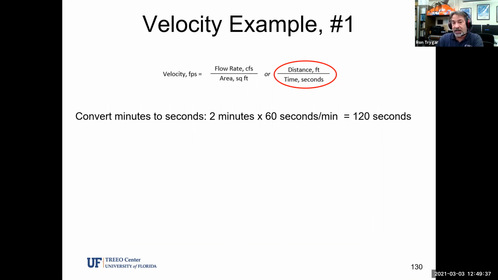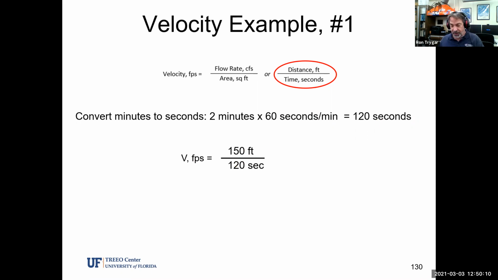All right, so let's work it out. We're going to convert the minutes into seconds. So we said it was 2 minutes, right? So 2 minutes multiplied by 60 seconds in 1 minute is going to give us 120 total seconds. So 60 times 2 is 120 seconds. That's the time it took to go down the pipe. Now we look at our formula. The velocity in feet per second is 150 feet that we traveled divided by 120 seconds, which is going to give us feet per second.